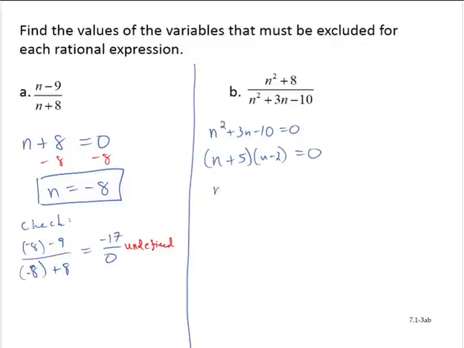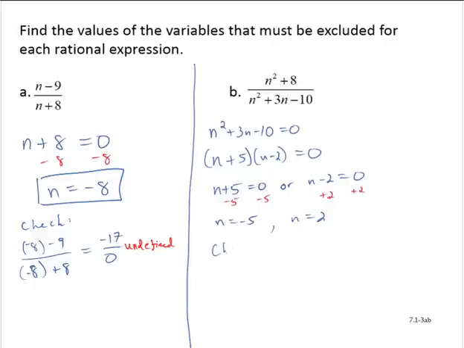Using the zero product property, I have n plus 5 equals 0, or n minus 2 equals 0. Subtracting 5 from both sides of the first equation and adding 2 to both sides of the second equation gives us n equals -5 and n equals 2.